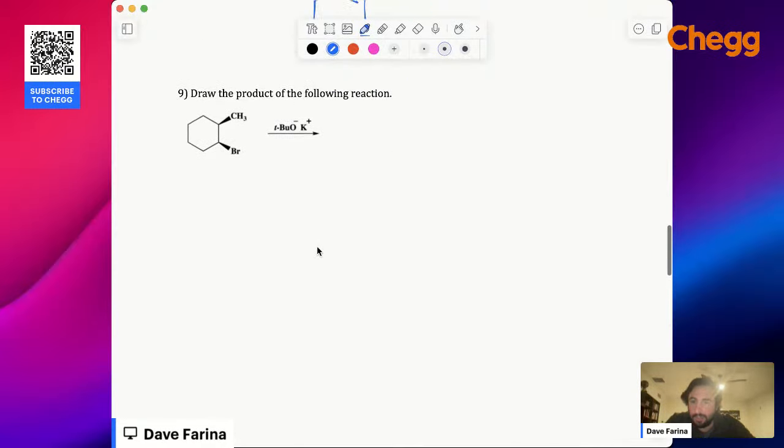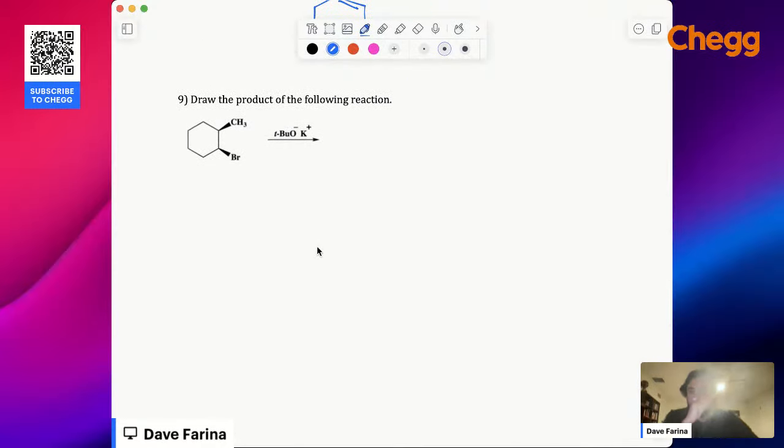Okay, let's look at a similar one here. Draw the product of the following reaction. Again, the exact same logic is going to apply. SN1, SN2, E1, E2.